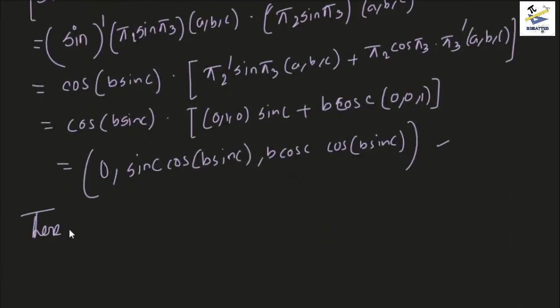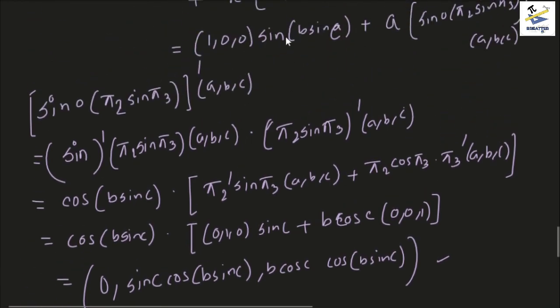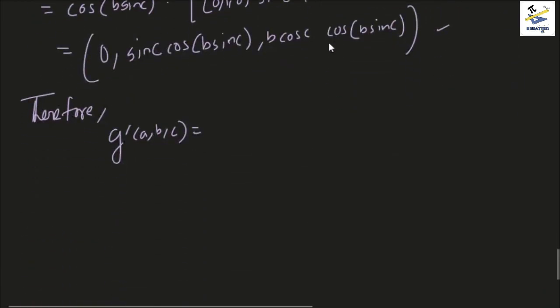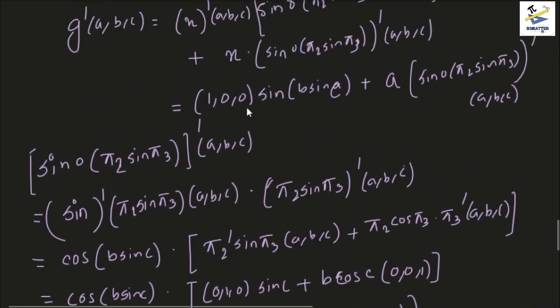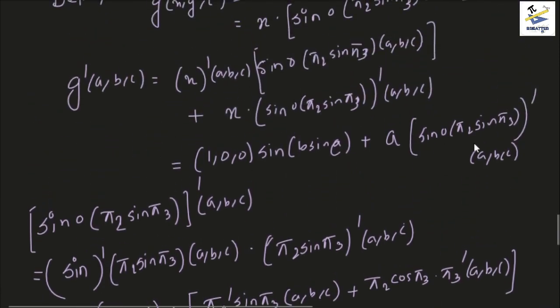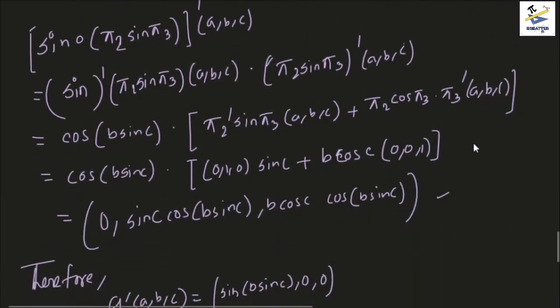Therefore g prime of a comma b comma c would be, so you see 1 comma 0 into sine of b sine c, so it basically is sine of b sine c comma 0, plus, that's the first part, plus you have a into this thing, right?